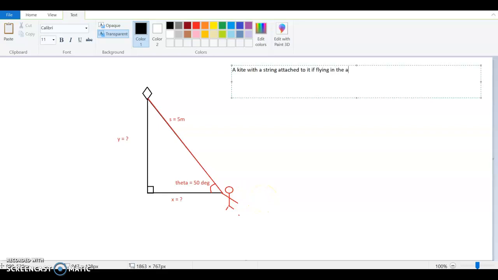In the air. Okay, give a value for the string length.